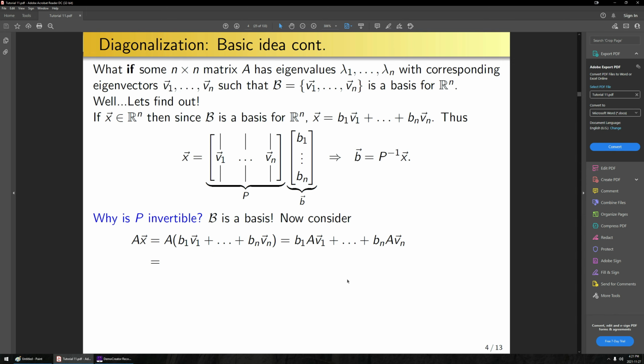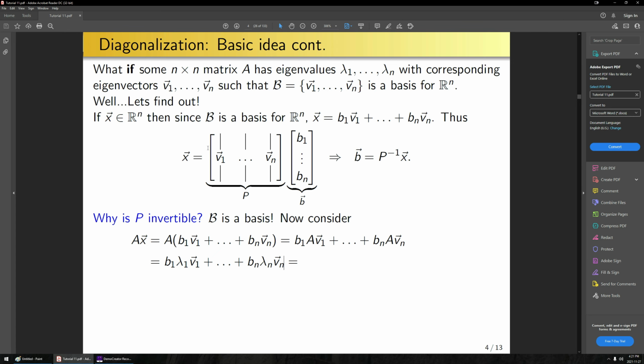Now, what do I know about A v1? Well, v1 is an eigenvector, and the eigenvalue for this eigenvector is lambda 1. So A times vi will simply be lambda i vi. Doing this replacement gives me this here.